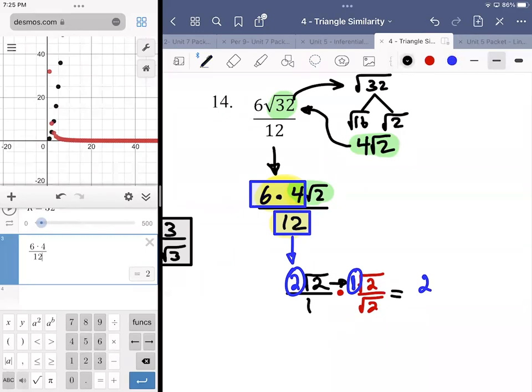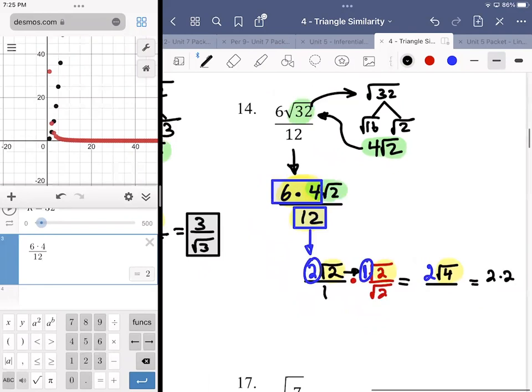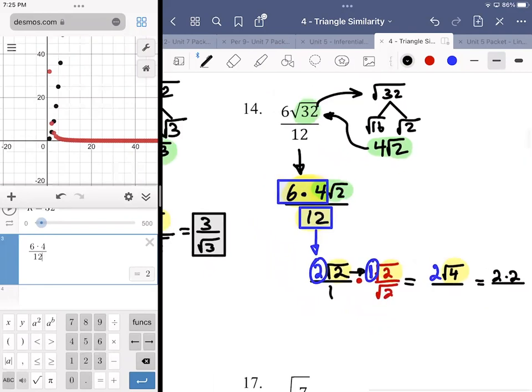Then the rad 2 times the rad 2 gives me a rad 4, which is a 2. So I'm really looking at 2 times 2. So my whole numerator is going to boil down to a 4 in a second.